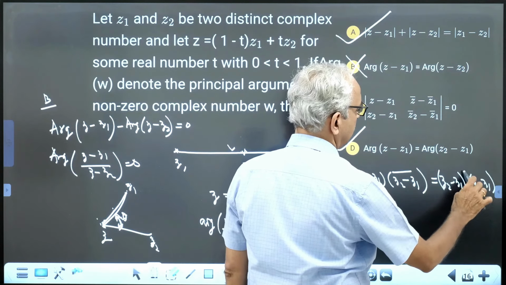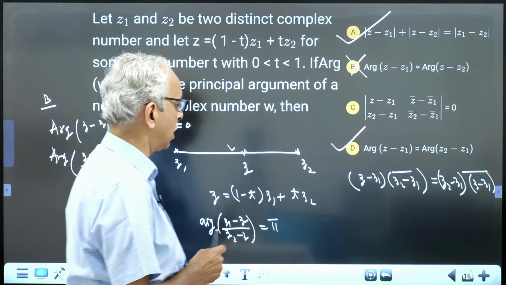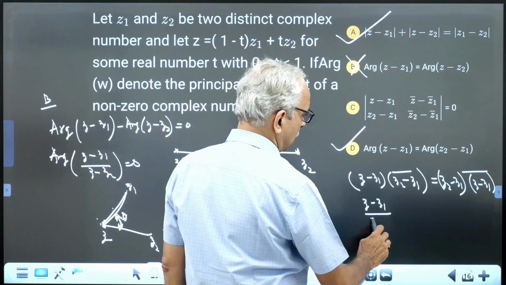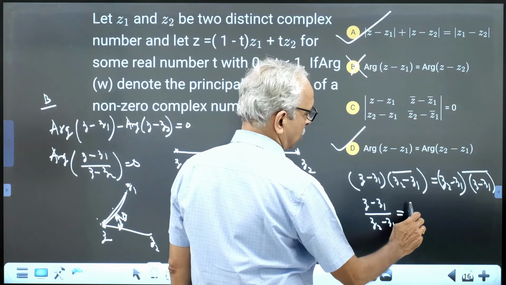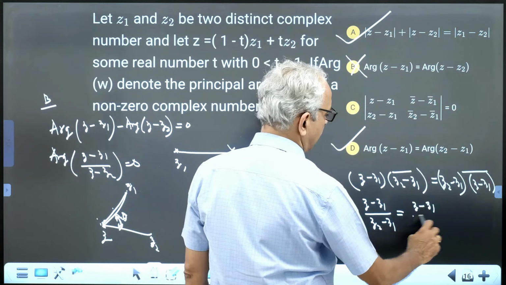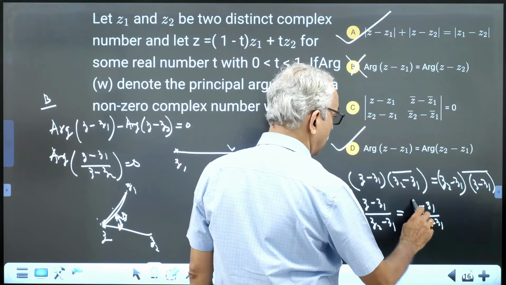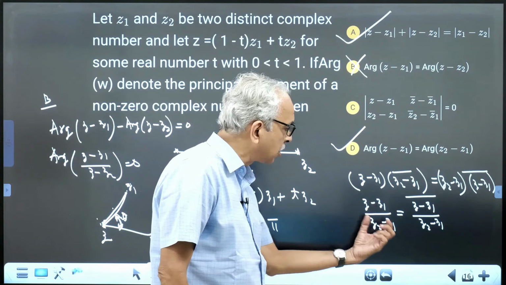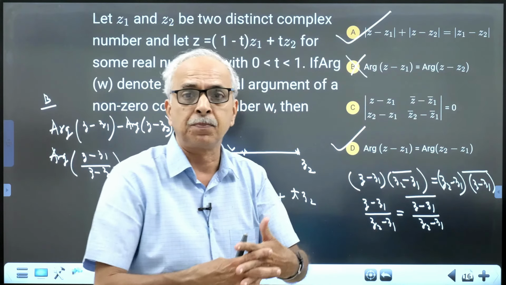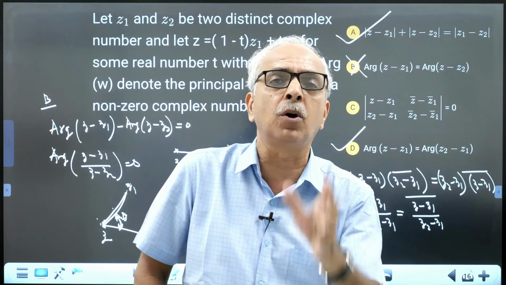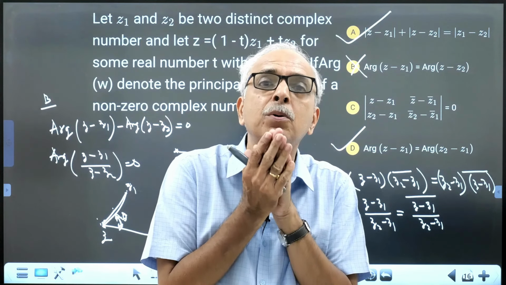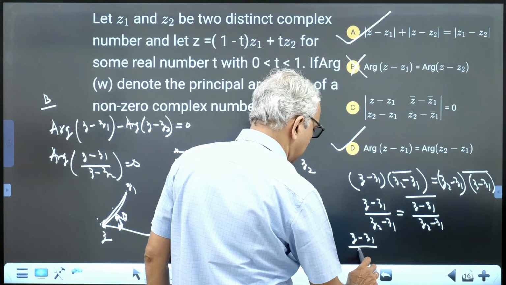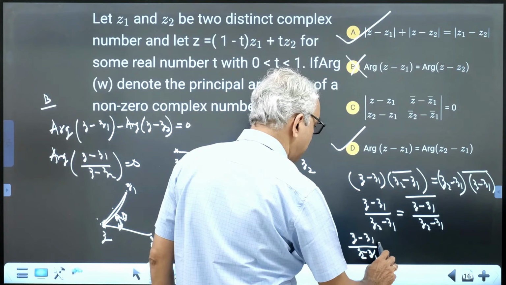This can be written as (Z minus Z1) divided by (Z2 minus Z1) is equal to the conjugate of (Z minus Z1) divided by the conjugate of (Z2 minus Z1). This means the complex number (Z minus Z1) by (Z2 minus Z1) and its conjugate are the same. If a complex number is equal to its conjugate, the complex number will be purely real.